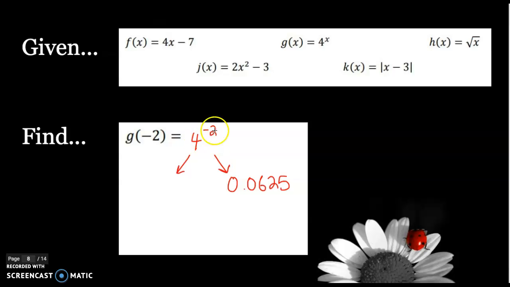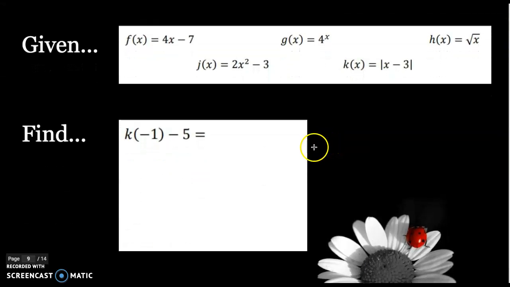Or if you remember your exponent rules, whenever you have a negative exponent, that means it's living on the wrong side of the fraction. So I could rewrite this as 1 over 4 squared, which is the same thing as 1 over 16. So either way, you would get either 0.0625 or 1/16, and those would both be correct.